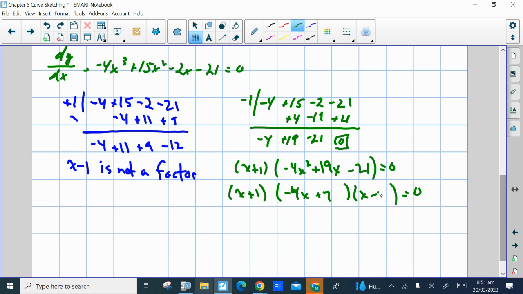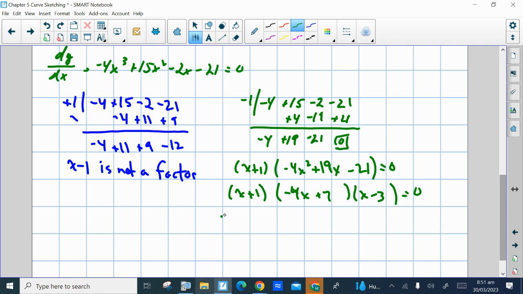Let's try positive 7, negative 3. So the front term is negative 4x squared. The outer factors will be positive 12x. The inner factors will be positive 7x. They do add to get positive 19x. And the last terms do give us negative 21.